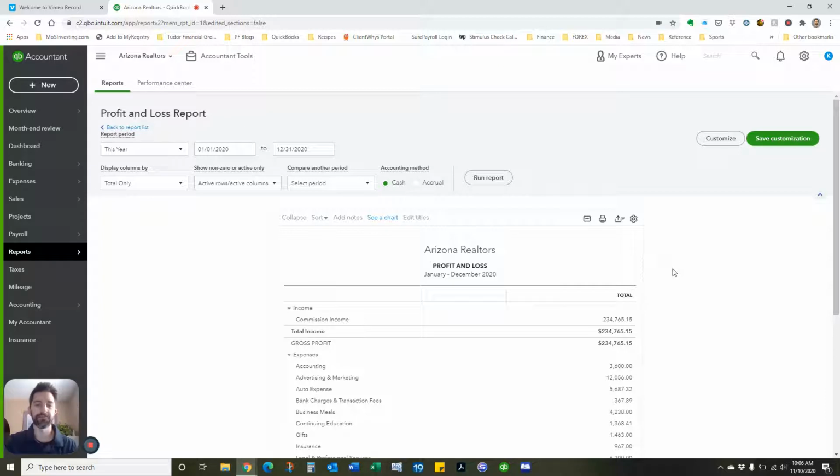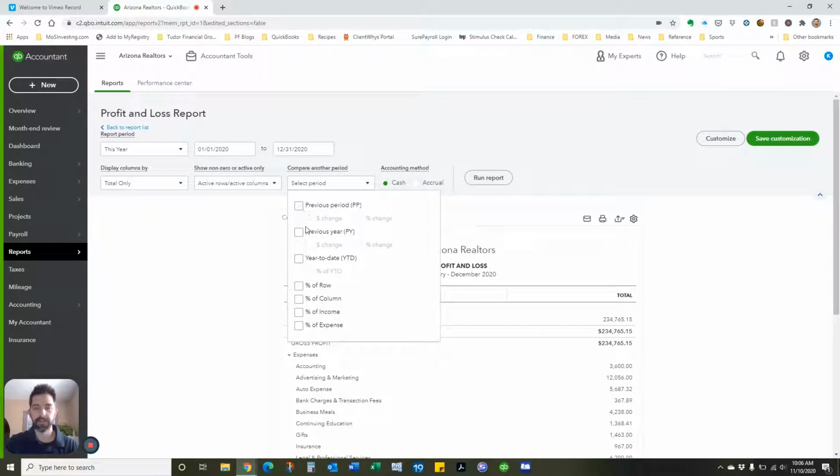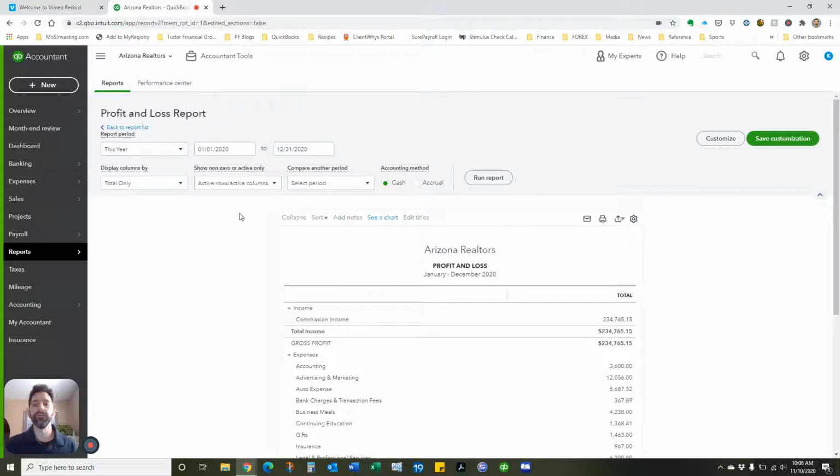And in this case, filming this in November, it's actually only 11 months' worth, but we're looking at the snapshot of one year. You can also usually, when you're looking at a profit and loss, pull up a comparison to the previous year or the previous time period, just to get an idea of how things are flowing compared to the same time frame in a previous year or period.